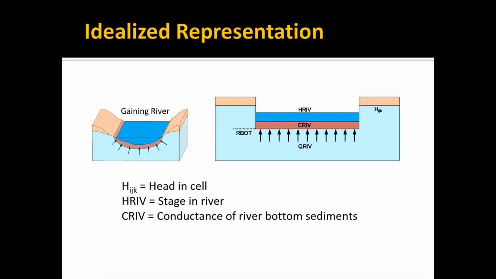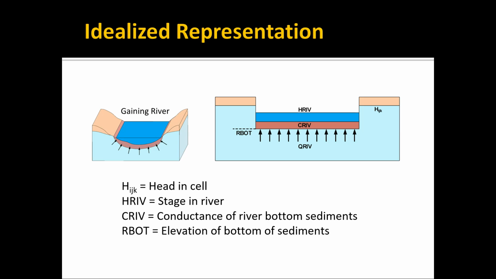Presumably these sediments have a different hydraulic conductivity than the surrounding aquifer material. It's not uncommon in your river bottom to get some fine-grained materials which have a lower hydraulic conductivity than the aquifer. So there's some head loss as you flow from the river to the aquifer, or vice versa, as the water passes through the river bottom sediments.